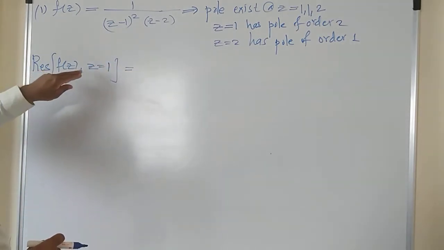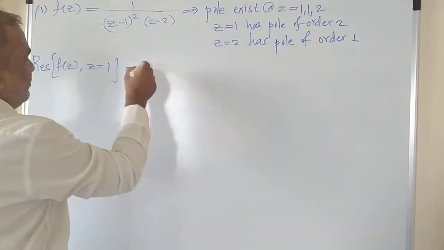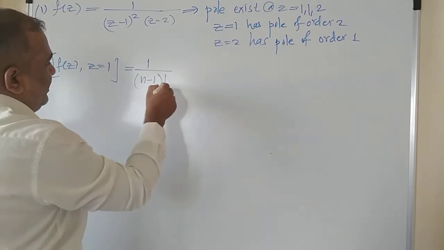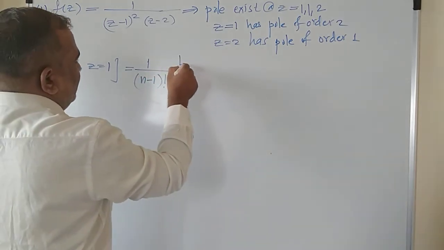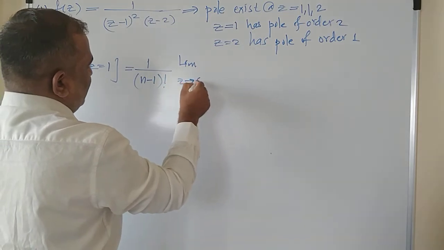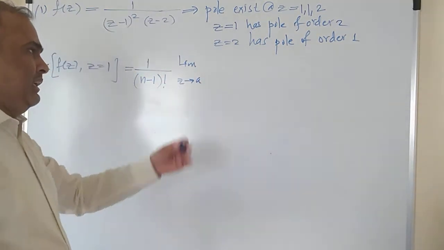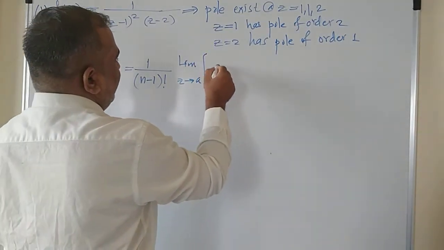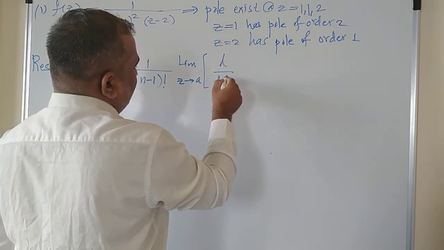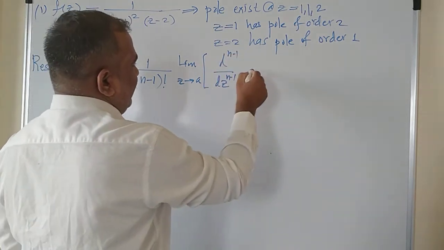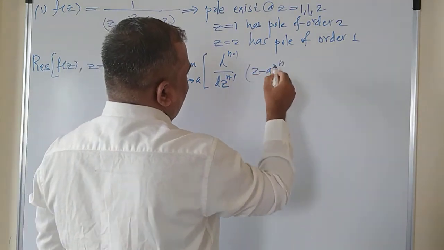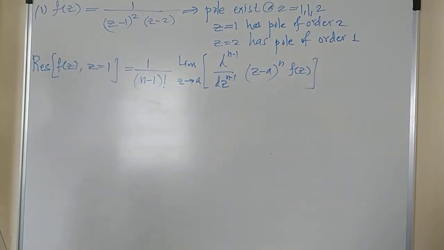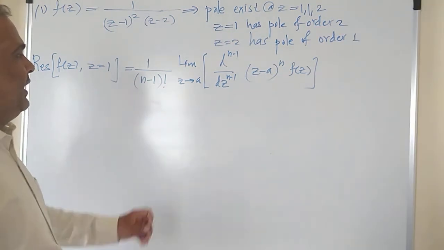So residue of the function f of z at z is equals to 1 is equals to 1 upon n minus 1 factorial into limit z tends to a of the n minus 1th derivative of z minus a raised to power n into f of z.